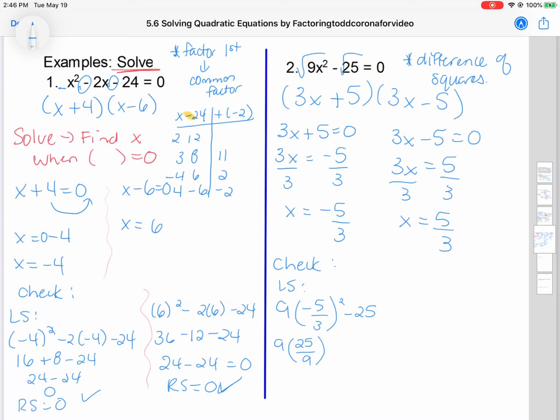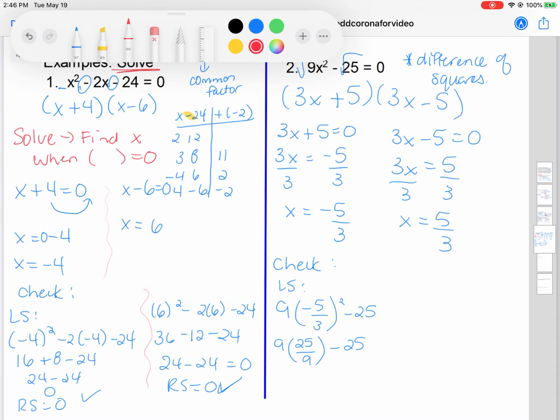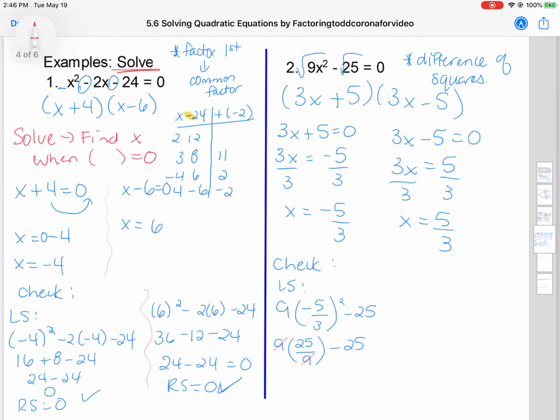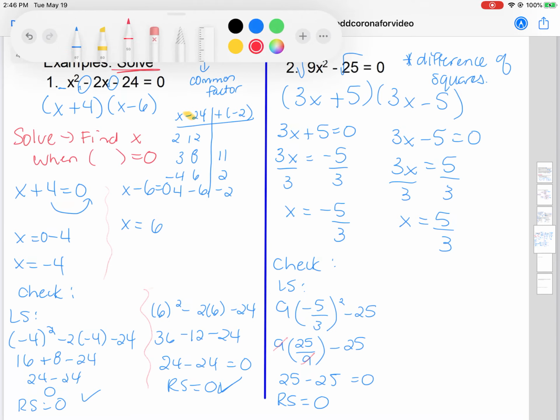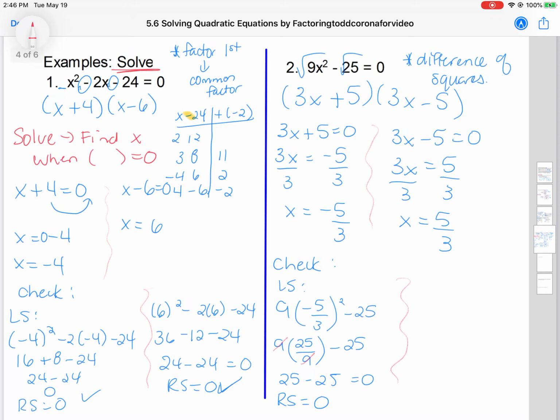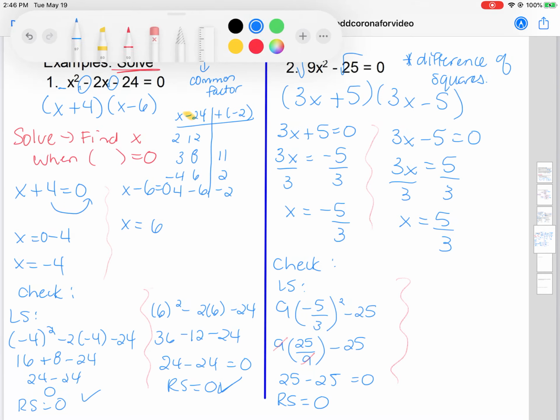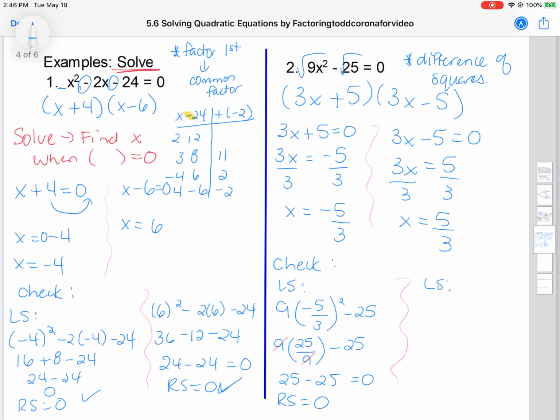When you square a fraction, you square the top and you square the bottom. So you get 25 over 9. So now you can cancel out the 9s. And then you get 25 minus 25, which is 0, which equals the right side. So in this case, leaving it as a nice fraction actually makes it a little bit easier.